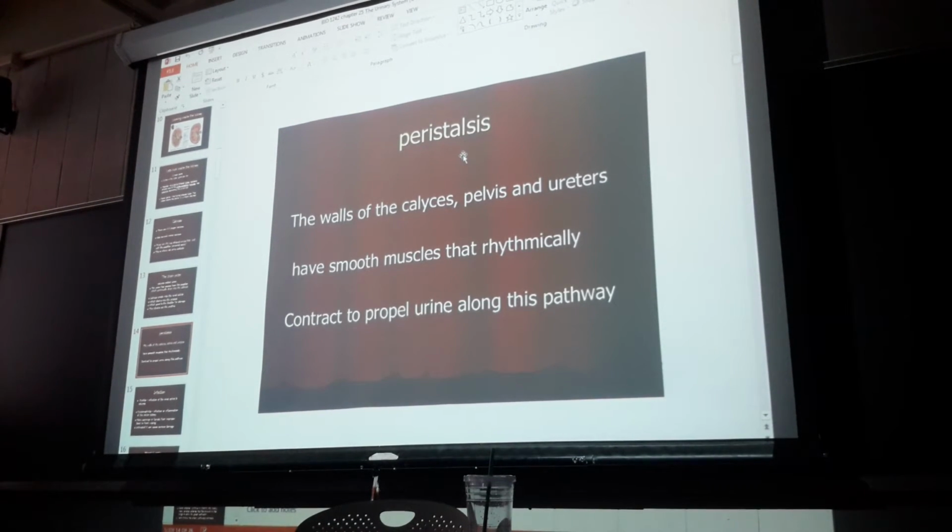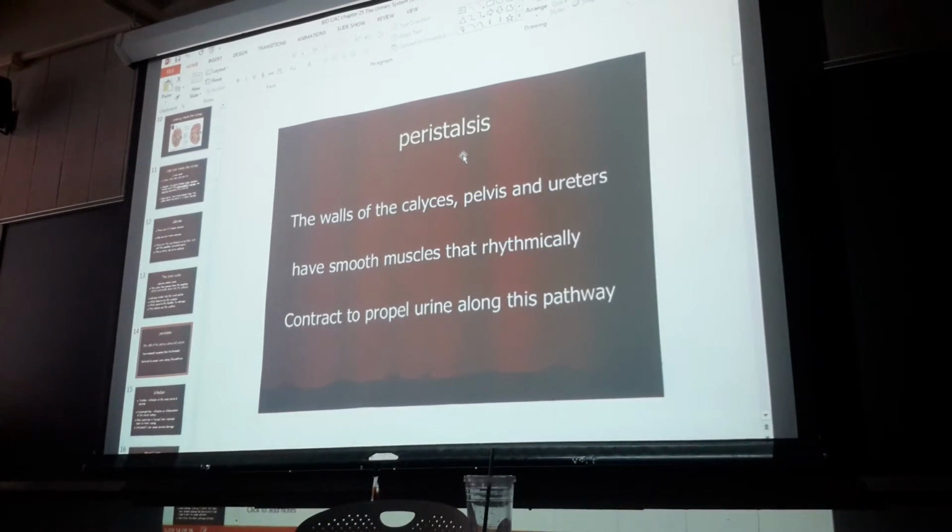How do we move things through? That's called peristalsis. Remember, we're in smooth muscle now, and the ureters are smooth muscle. They're hollow organs draining urine. The walls of the calyx, the renal pelvis, the ureter, and the urethra are all lined with smooth muscle.